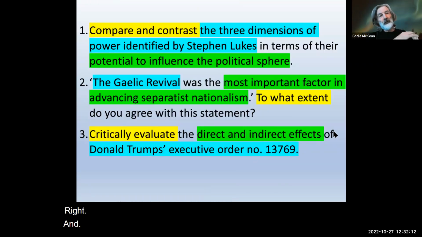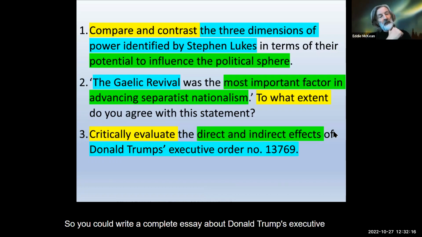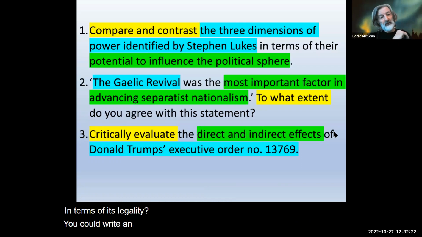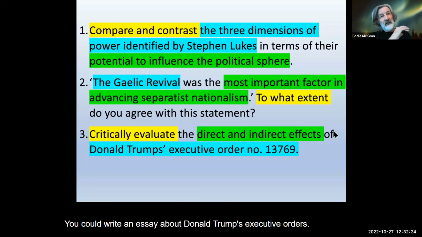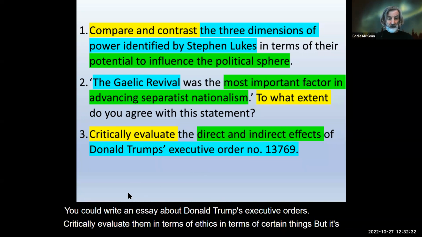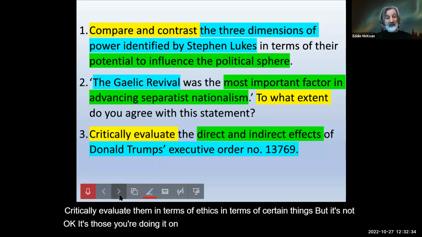You could write a complete essay about Donald Trump's executive order in terms of its legality. You could write an essay about his executive orders, critically evaluating them in terms of ethics, in terms of certain things, but it's not that. You're doing it on those direct and indirect effects.